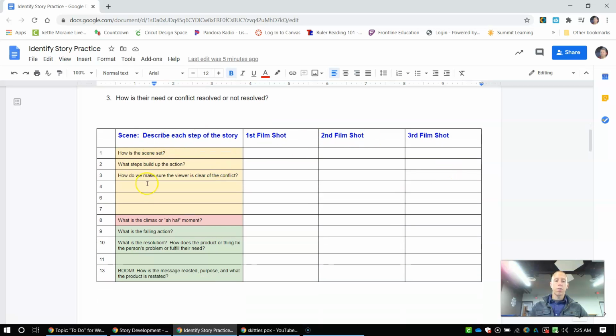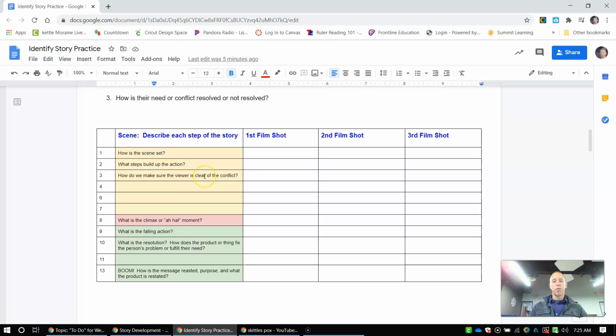This table is something you are going to be using yourself, so you will see it multiple times. We're going to practice with this, and then you'll use it to design and develop your own commercials and other film pieces as well. This is just a little thing I created for you. Yellow would be the beginning and the rising action. We have some questions in here, which we'll delete. How is the scene set? What steps build up the action?